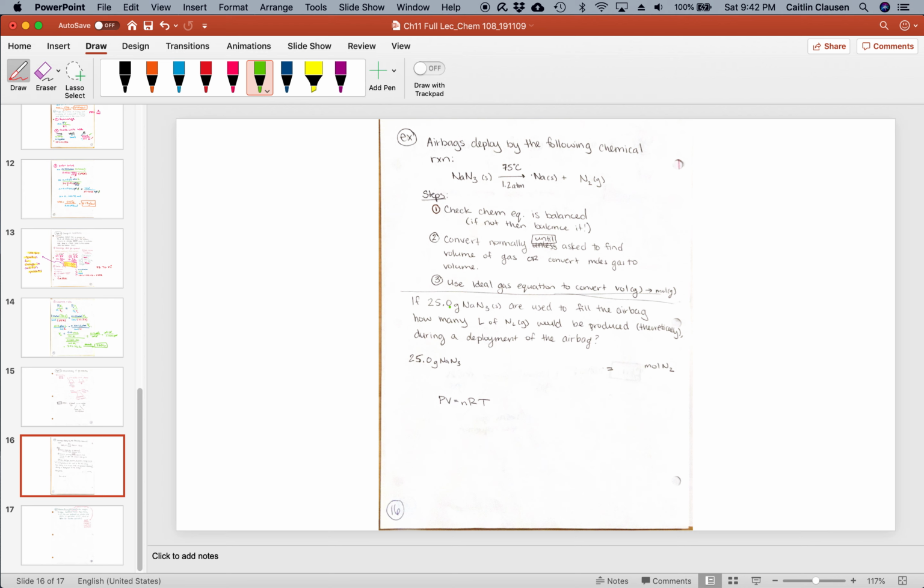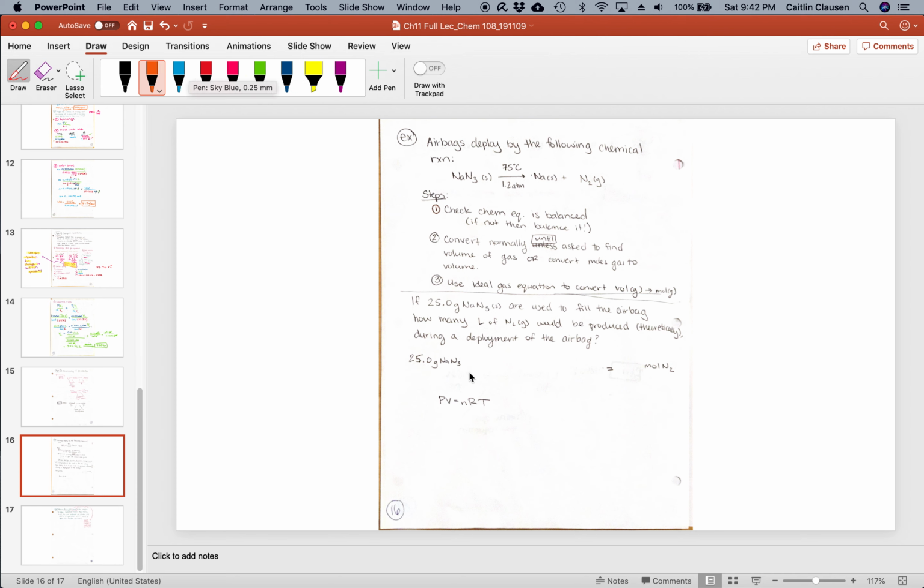So in this problem, we've got 25.0 grams of sodium azide solid used to fill an airbag. So we want to know how many liters of nitrogen gas would be produced, theoretically, so theoretical yield again, during the deployment of this airbag. Well, we're starting with a solid, so we can just do the regular conversion using molar mass.